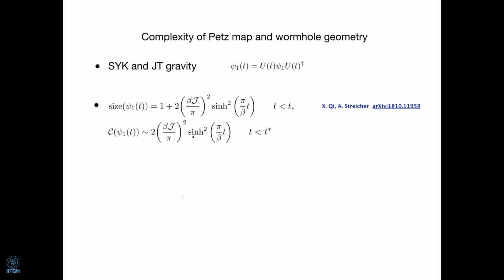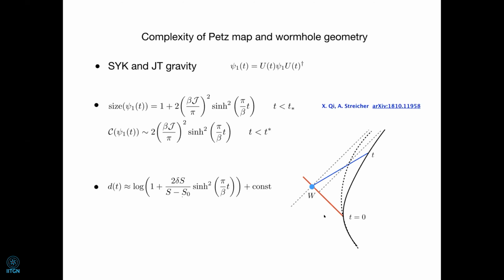So before scrambling time, we have a tree. The complexity actually grows in the same way as size. After scrambling time, size is constant. Then one expects the complexity grows linearly in time. So this is from the point of view of quantum information and also some SYK computation. This is what we expect about the behavior of the complexity of this operator.